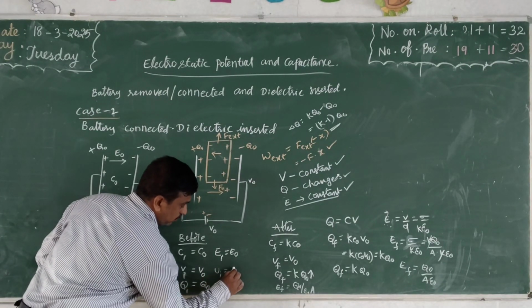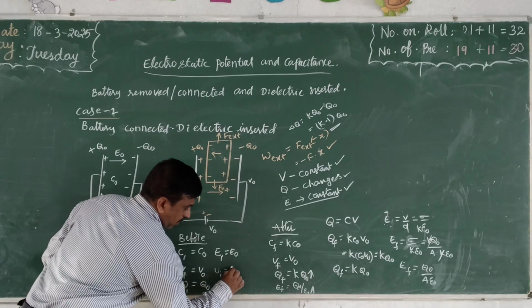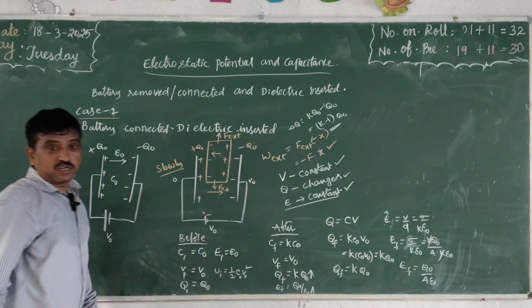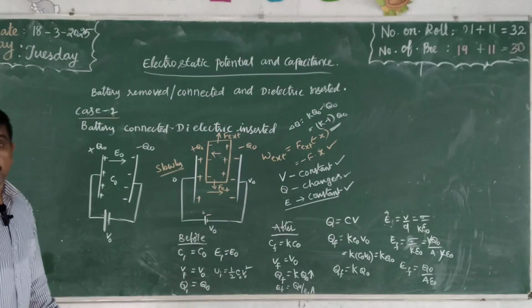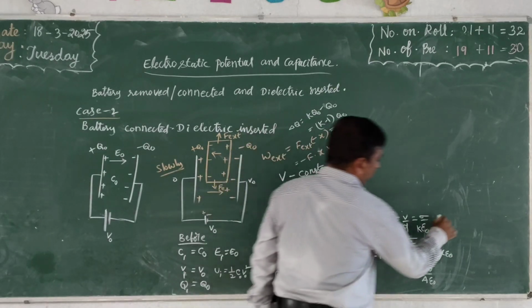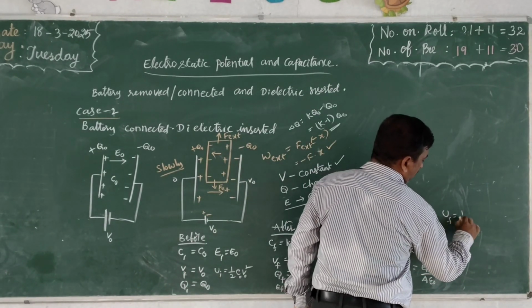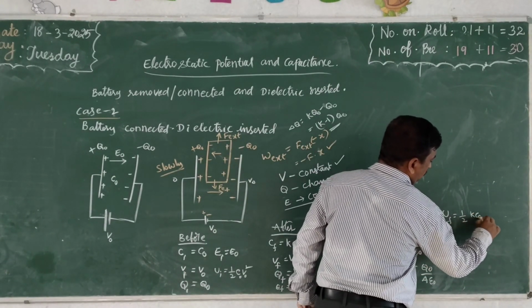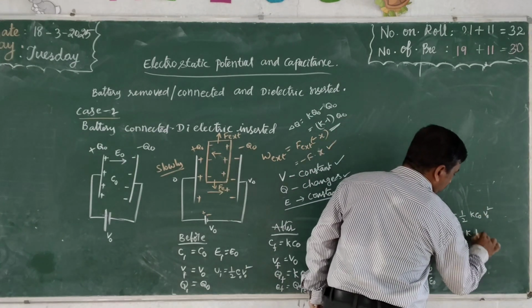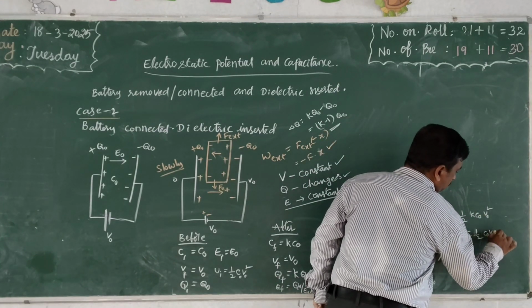Ui equal to what here? Half CV square, half C naught V naught square. Potential energy formula is half C naught V naught square. What about the final potential energy? See, final potential energy is half C, means K C naught V naught square. V naught is constant, so we get K into half C naught V naught square.